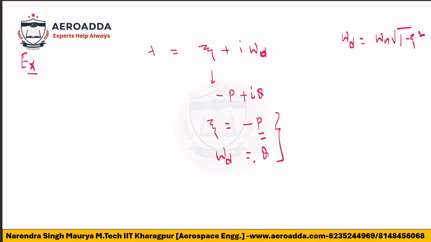Roots lambda 1, 2, plus minus will be given to you, and you have to find where the damping rate and the damped natural frequency are. This is for when the roots are complex.